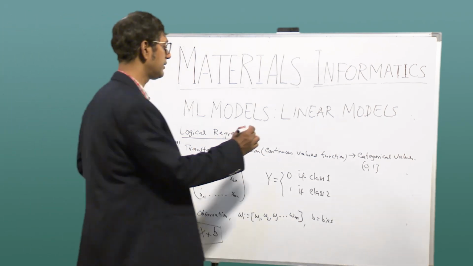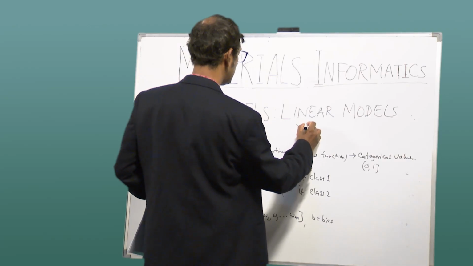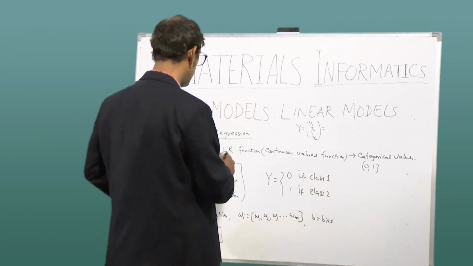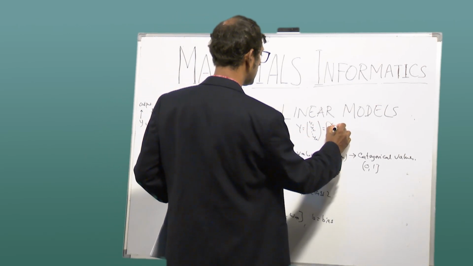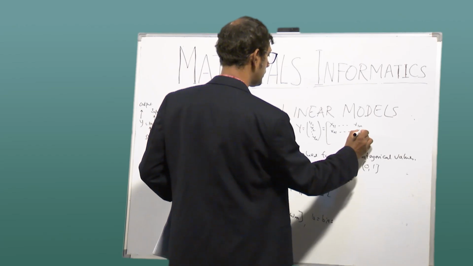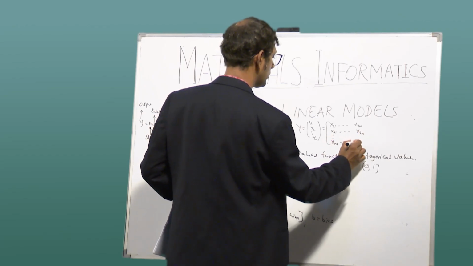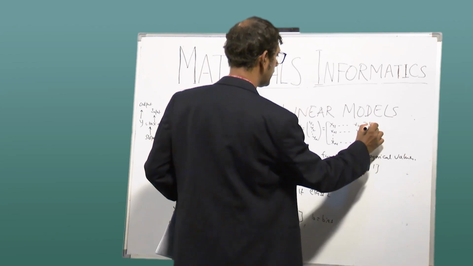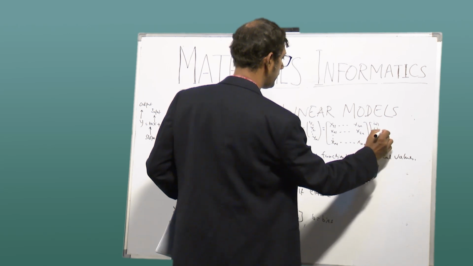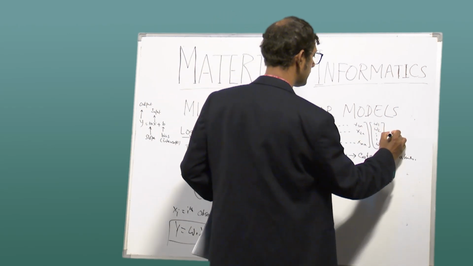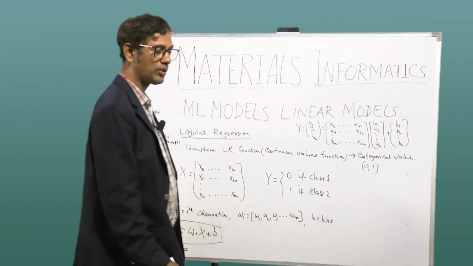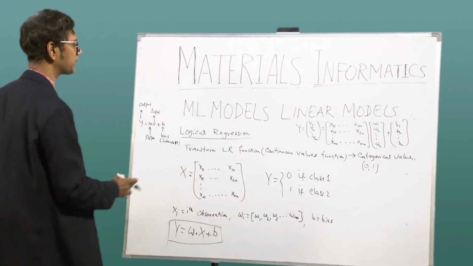So, let me write that down. y is y1, y2, yn is equal to x11 to x1n, x21, x2n, xn1 to xnn multiplied by w1, w2, wm plus b's, b1, b2, bn. That is the expansion of this equation in terms of matrix.